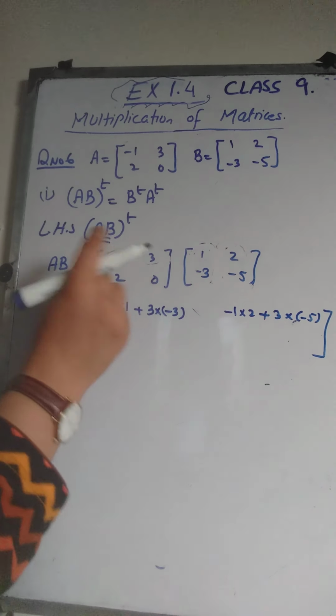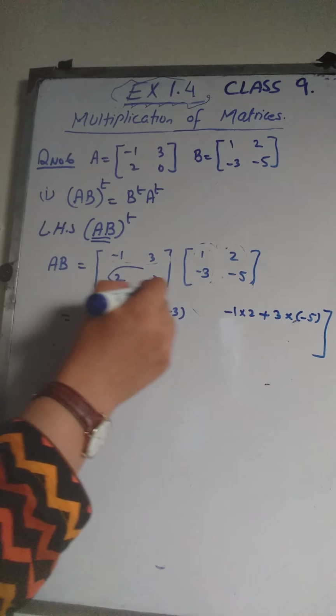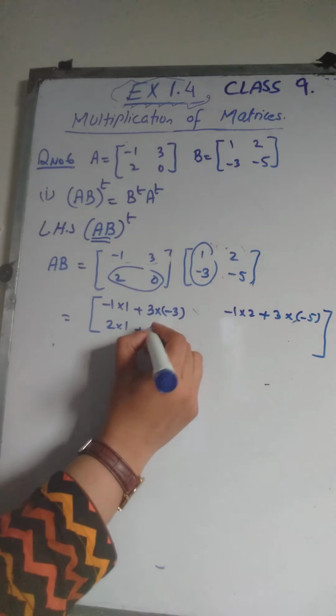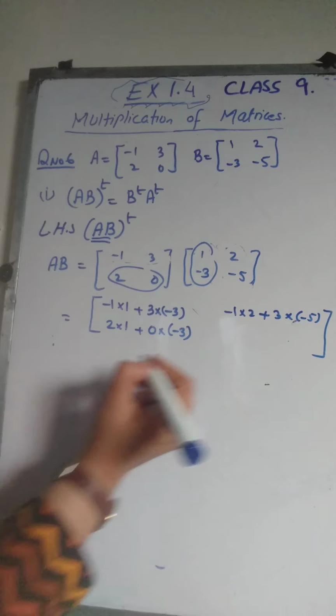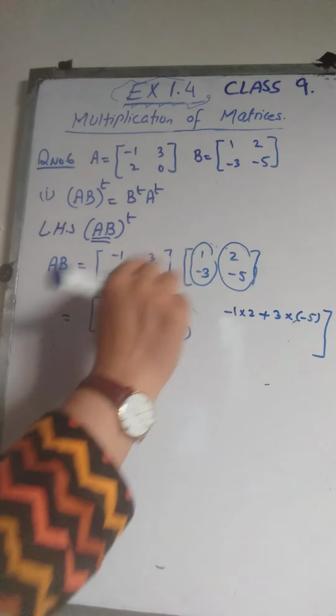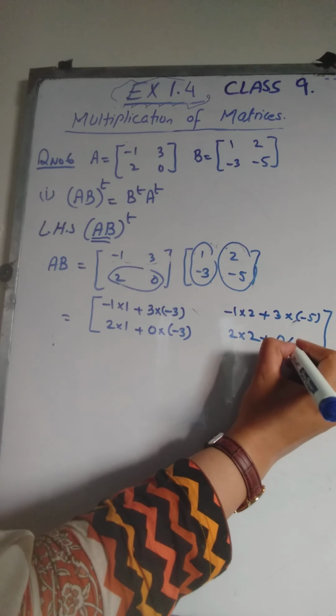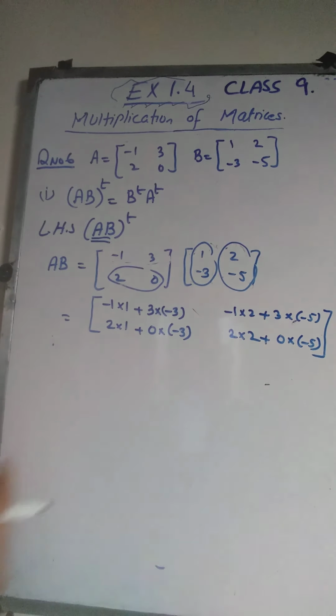Now taking the second row, first column, 2 into 1 plus 0 into -3, and then with the second column 2 into 2 plus 0 into -5.